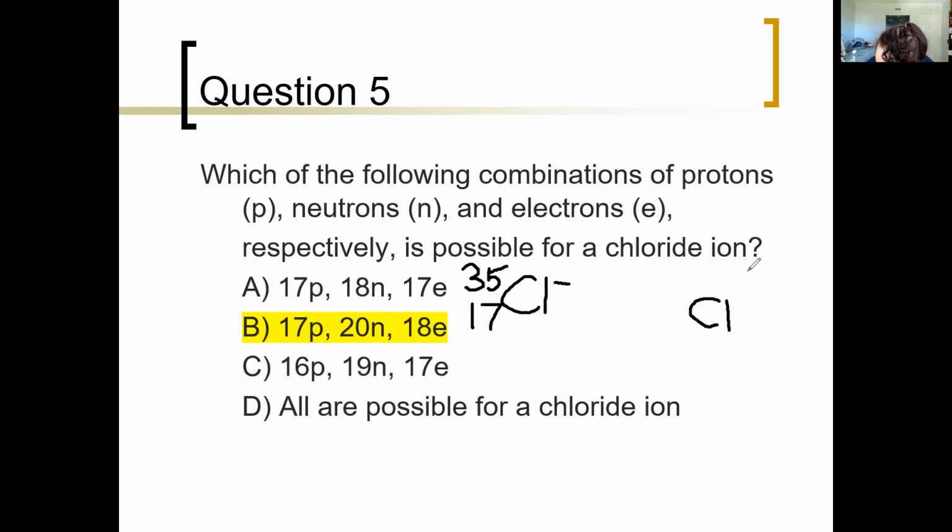Okay, so we know we're going to have 17 protons because it says is possible, and we're going to have 18 electrons. We can have different mass numbers because of isotopes.